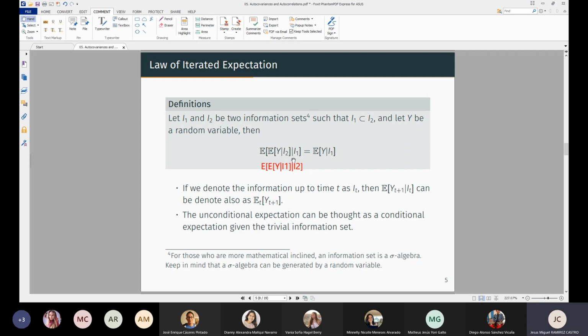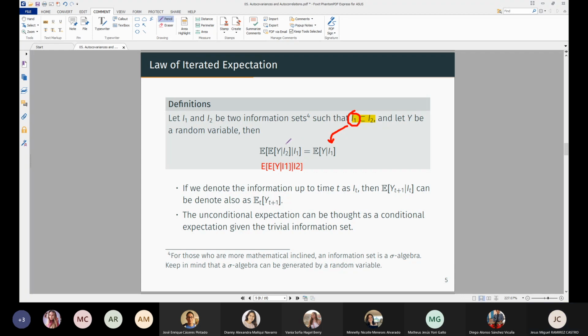Okay. What I said is, regardless of the order of these, the relevant information is this. I1 is included in I2, so you will put this here, regardless of the order.